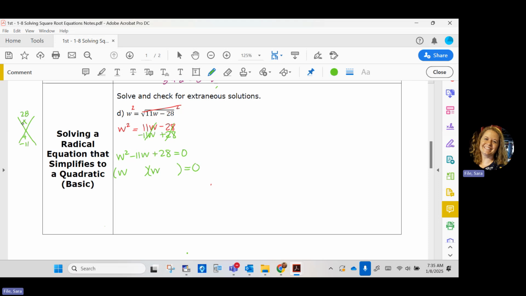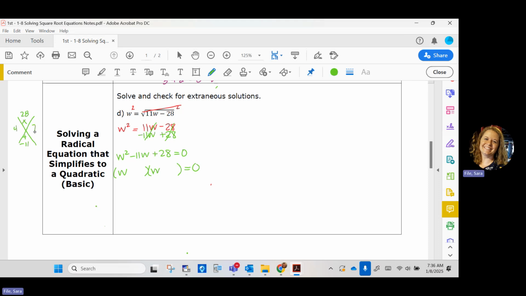Okay, but a lot of you will be able to do this in your head and you won't need to do that. So the factors of 28 that add to 11 are going to be 4 and 7.